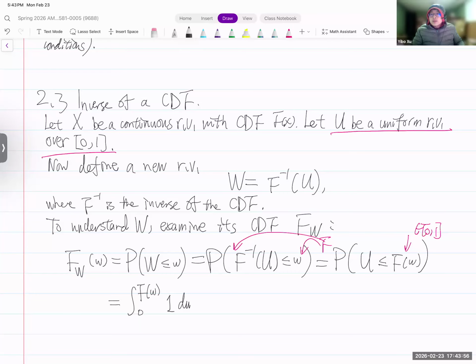Uniform on 0, 1, so the PDF is going to be 1 for the entire interval. The antiderivative is just u. The argument is u. So now we do the difference of F of w and 0. So clearly this is cap F of w.